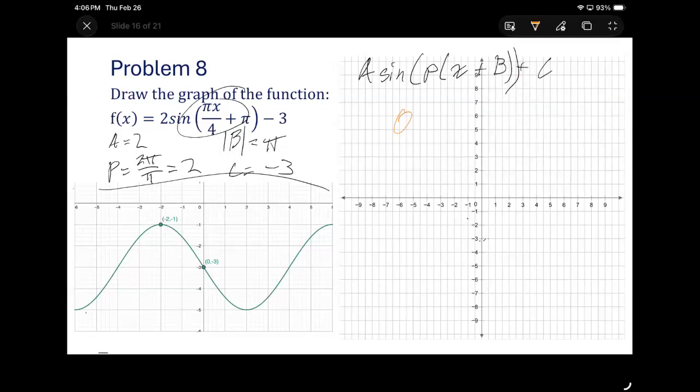Sine is 0 to 2 pi. So the question we want to ask ourselves is, what does x need to be to make that true? And then the same question here, what does x need to be to make this true? So you just solve for x in these cases.